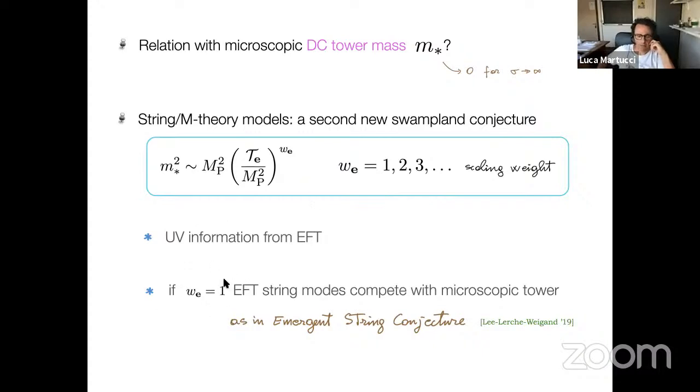Finally, let me mention that in the case in which the scaling weight is equal to 1, you see this M star squared is of the same order as the tension of the string, and then the EFT string modes compete with this microscopic tower of states which come from the UV completion of the theory, as it happens in the emergent string conjecture proposed by Lee, Lerche, and Weigand.